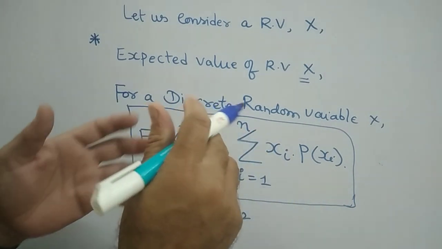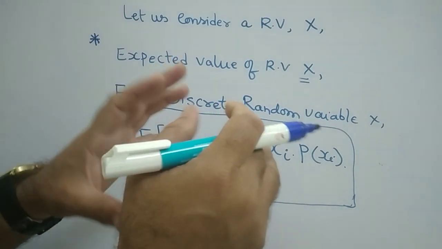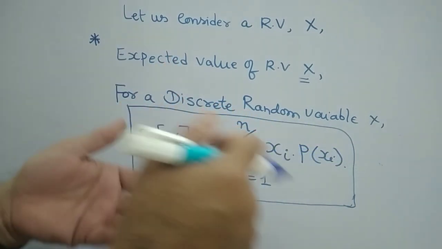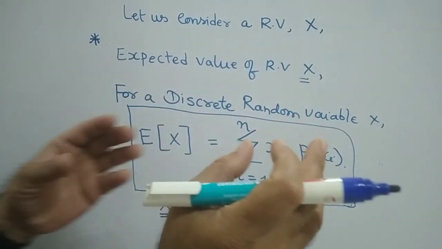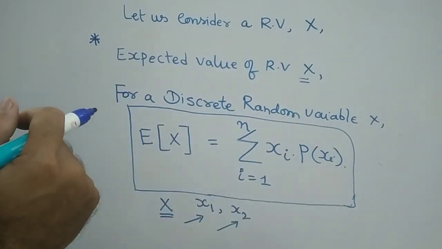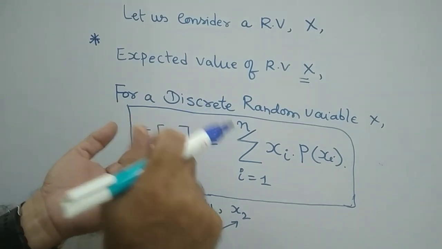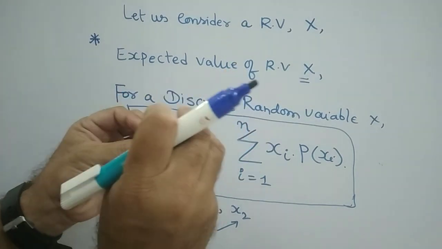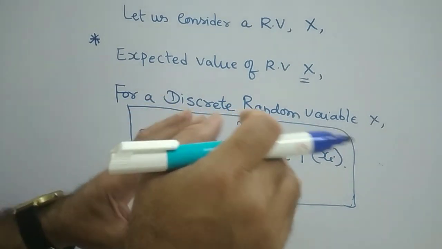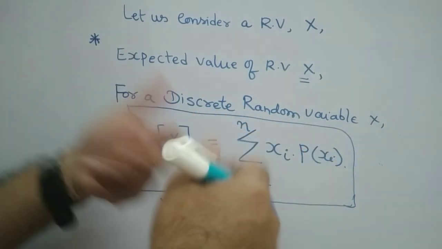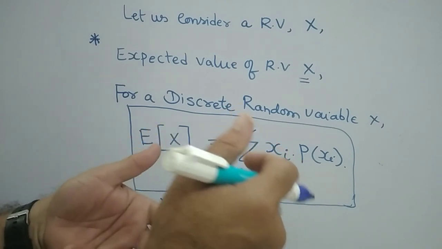And say, for example, the second example, rolling of a die. The die has 6 faces: face 1, face 2, face 3, face 4, face 5, face 6.